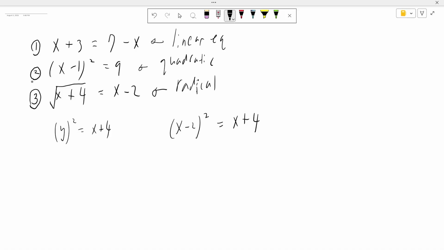And what about for number 2? Now here you could also, without thinking, try to get rid of the square by taking the square root of both sides, right?